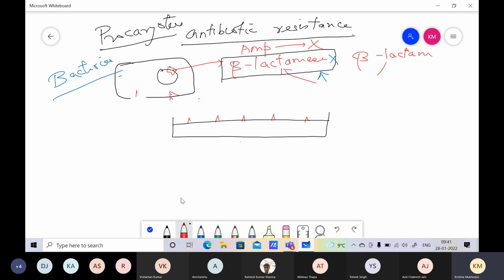So what do? On top of this, I now add not an ampicillin sensitive bacteria, as earlier, but now I will add here an ampicillin resistant bacteria.